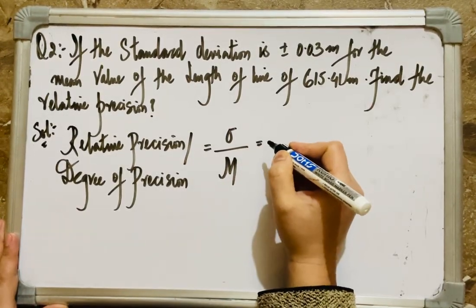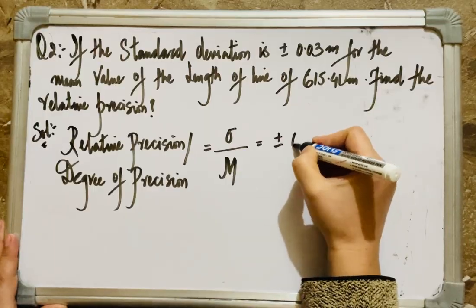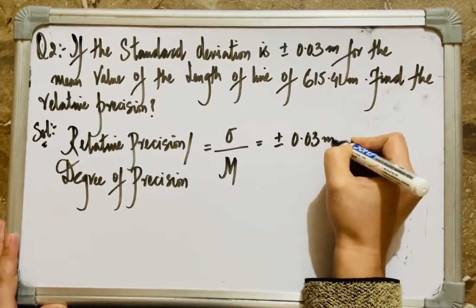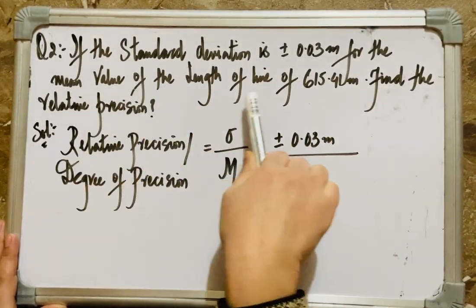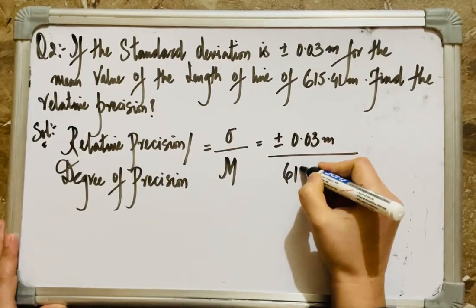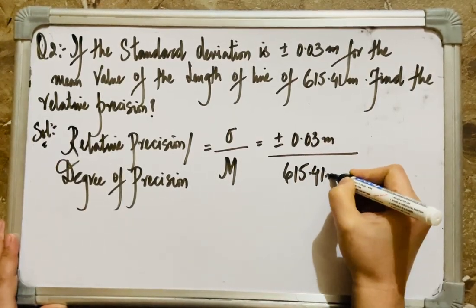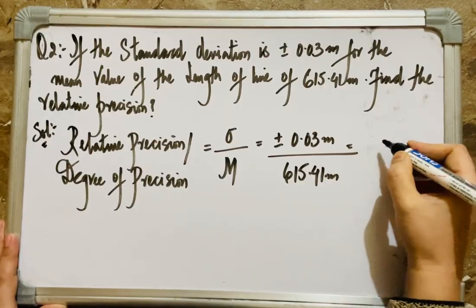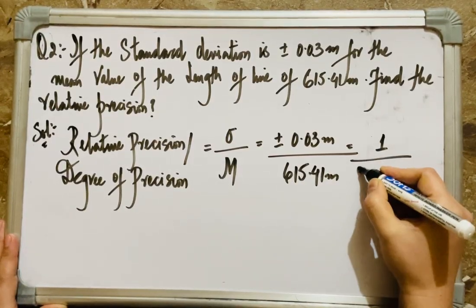My standard deviation is plus minus 0.03 meters, and mean value of the length of the line is how much? 615.41 meters.